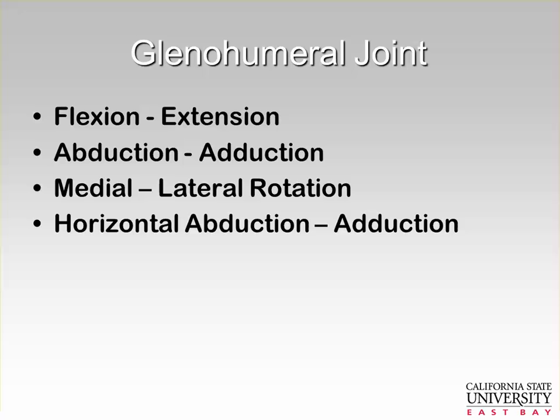At the glenohumeral joint, because our scapulae do not have a bony connection between them, it's only muscle, we are able to horizontally abduct and adduct. Now, to get into horizontal abduction, you need to abduct your glenohumeral joint to 90 degrees, and then you start to do the motion as if you were doing a bench press or a push-up. You horizontally abduct in the down phase of a bench press, so your arms are going away from each other, and adduction is when they are almost touching.